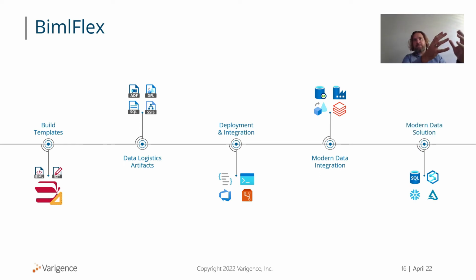These data logistics artifacts, like pipelines and mapping data flows, SSIS packages, SQL scripts, whatnot, can go into a DevOps workflow, where they can be deployed to a modern data integration platform, where they will be hosted, run and managed to deliver your modern data solution. For this demo, we will use a CI/CD pipeline that performs these steps based on the design metadata of the solution.